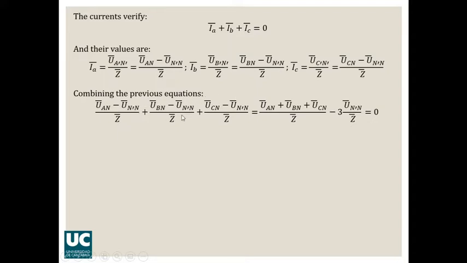So we could group those three terms and express it like this: 3 times the difference in potential between N prime and N divided by the impedance. So we have these two fractions which are equal to 0. As you can understand, we can have one of the terms at each side of this equation.